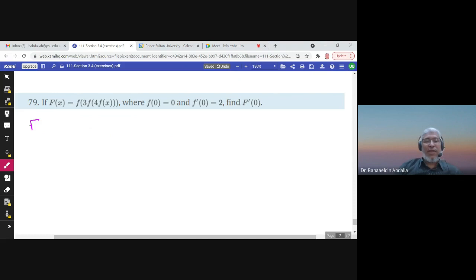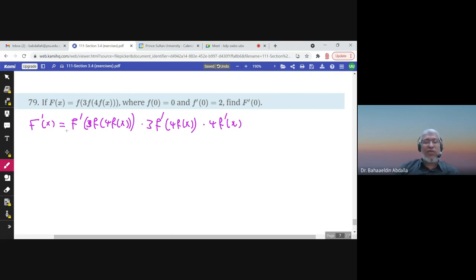F capital prime. Using the chain rule, pay attention please. You start by the outer function, derivative of the outer function, evaluated at the inner function, 3f of 4f of x, all of it, okay, times the derivative of the inner function, so 3 times the derivative of f at 4f of x times, now the derivative of 4f of x, 4 times f prime of x.